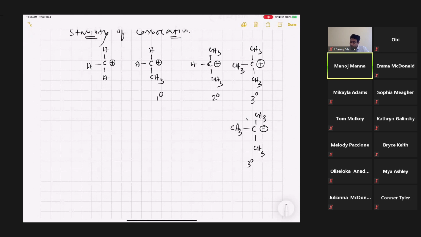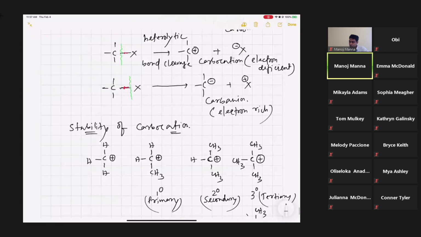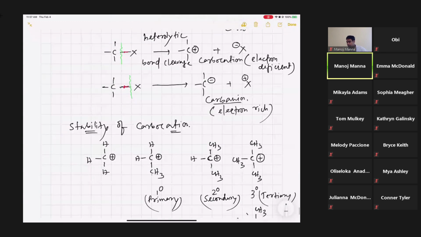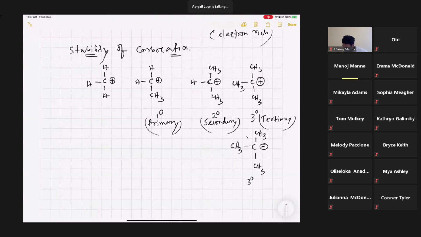Make sure you are following the terms: primary, secondary, and this is tertiary. So instead of a positive charge, with a negative charge this is again 3 degree, because the carbon bearing the negative charge is attached to 3 carbons. So this is a 3 degree or tertiary carbanion, because as I mentioned, a negative charge means carbanion.